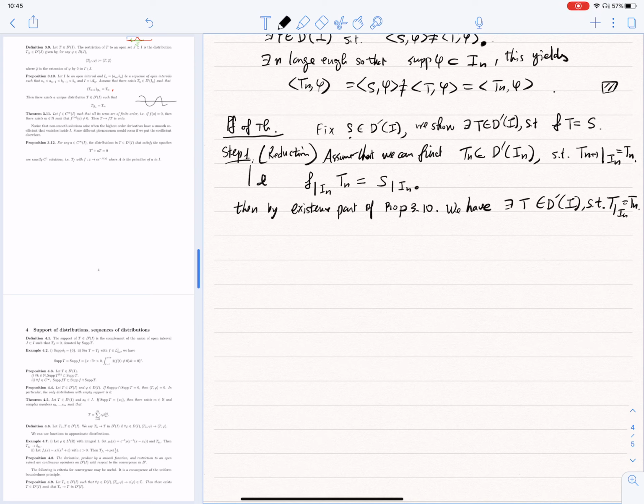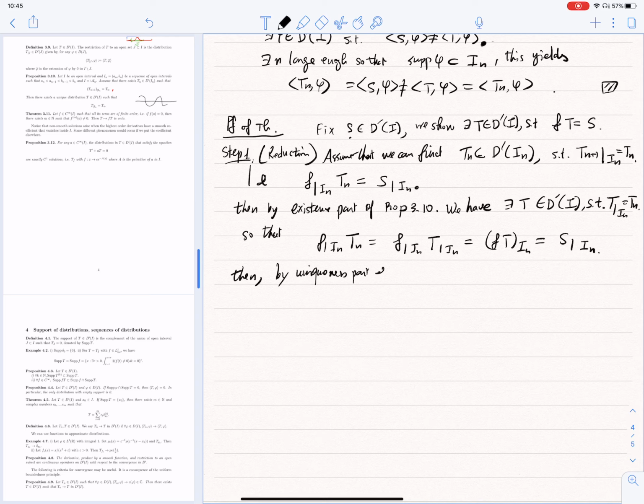Okay, so that f restricted to In times Tn is equal to f restricted to In times T restricted to In, which is nothing but fT restricted to In, and this is equal to S restricted to In. Okay, and if this is true, then by the uniqueness part of Proposition 3.10, we have necessarily fT equals S, and the proof is done.